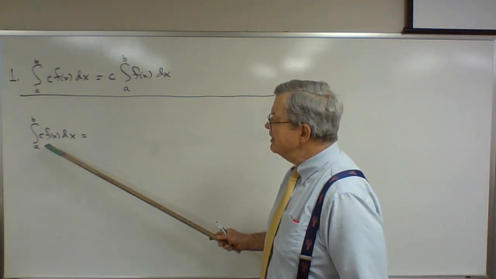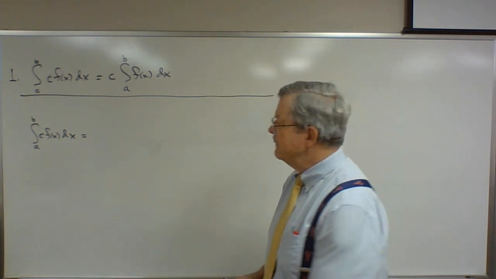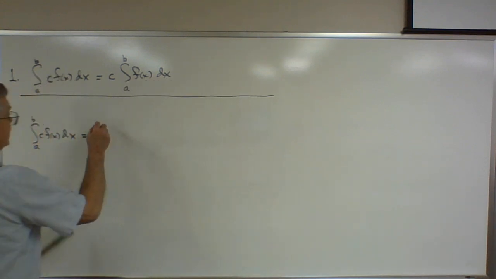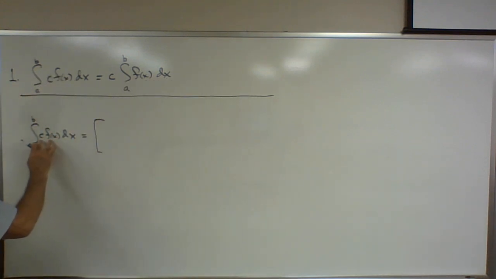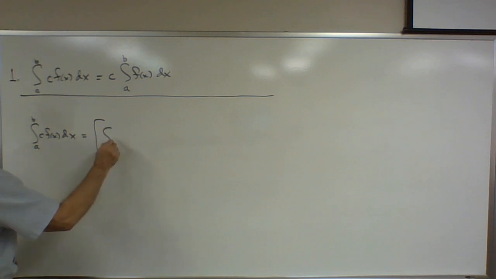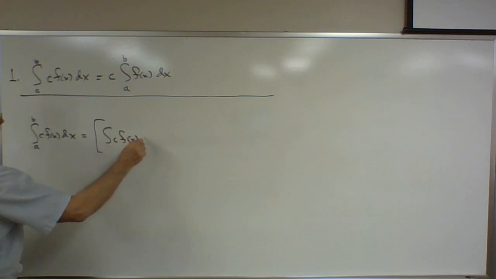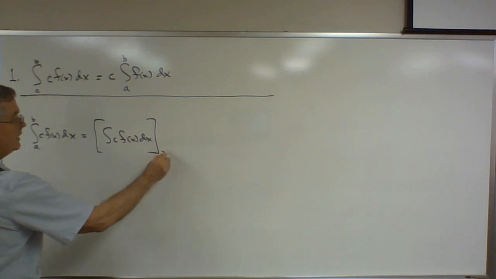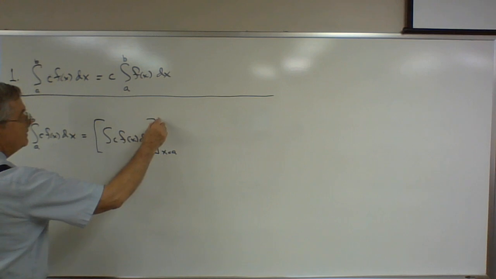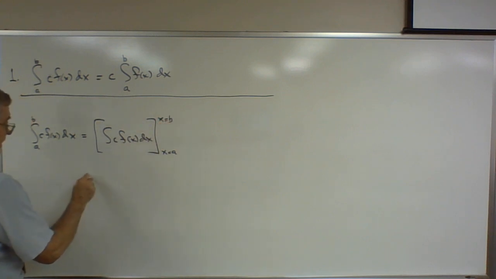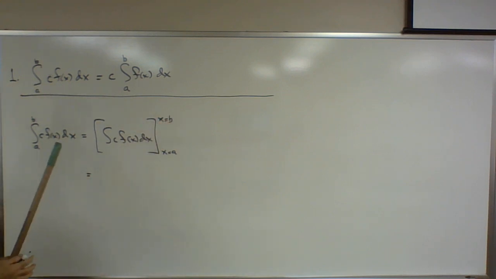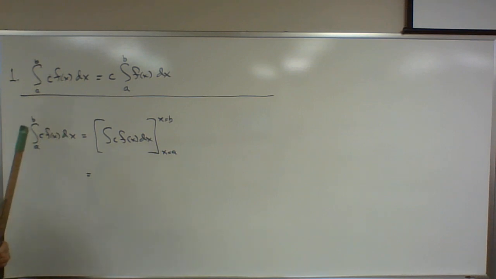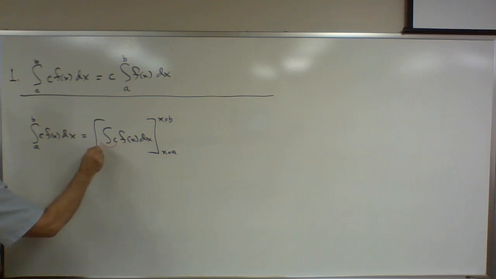If we're computing the definite integral, what do we do? First thing we do is we compute the antiderivative of this thing. The antiderivative of c times little f of x dx, and we evaluate it from x equal a to x equal b. But we know because of the properties of antiderivatives that we can move this constant out in front of the integral sign.